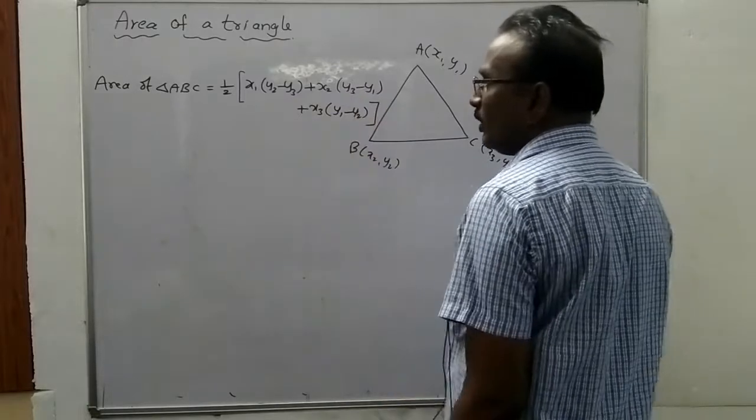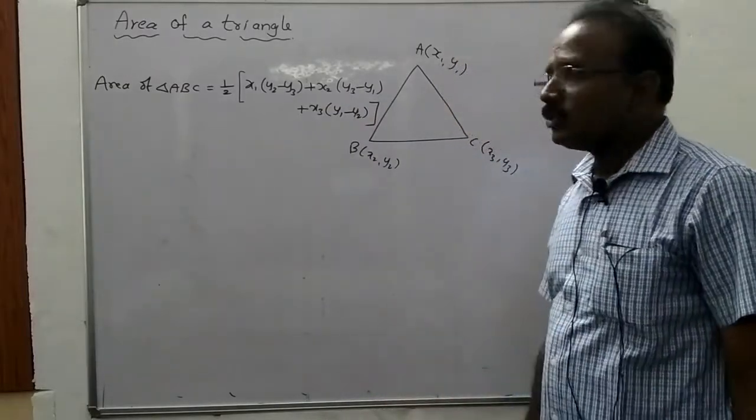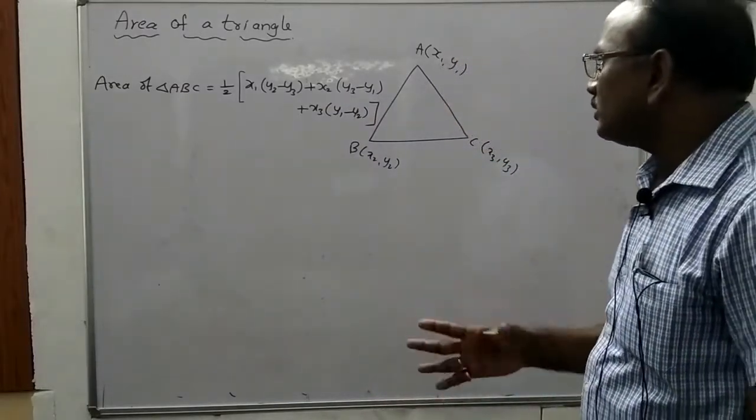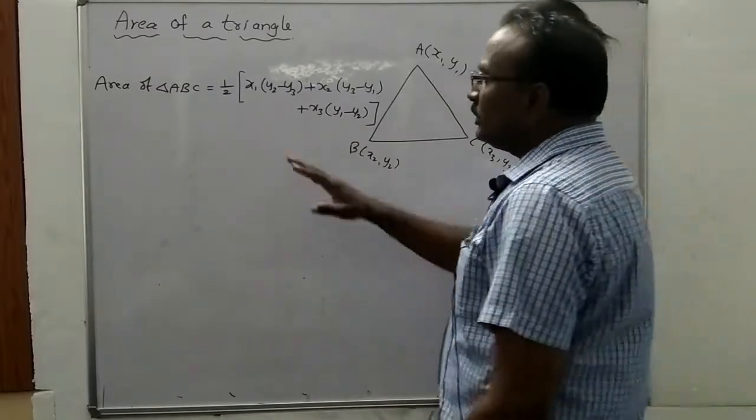This is the formula you already know from first year straight lines or 10th class analytical geometry. So this is the area of the triangle.